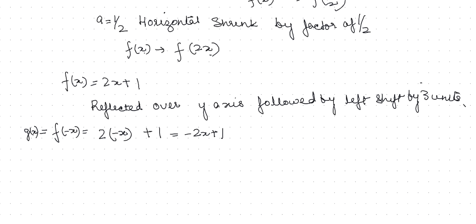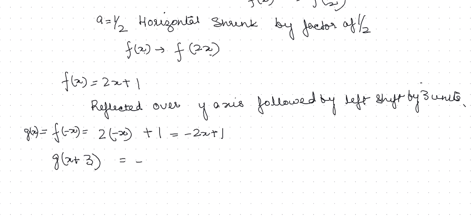So a left shift by 3 units means x is made x plus 3. Wherever there is x, we put x plus 3. So we factor out whatever is with x.